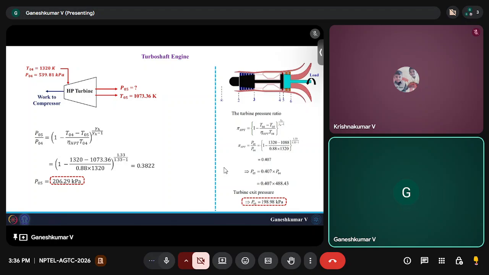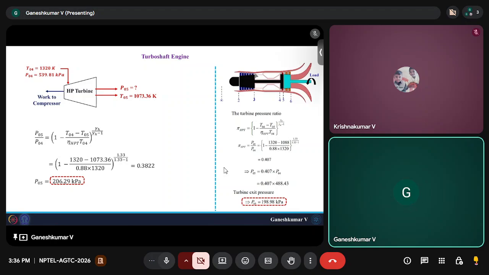This is because the compressor has raised the pressure. The highest pressure that you will see in this entire cycle is going to be at 3, right after the HP compressor, or in this case, the compressor. Here, since the compressor pressure ratio is higher, the highest pressure is this much.